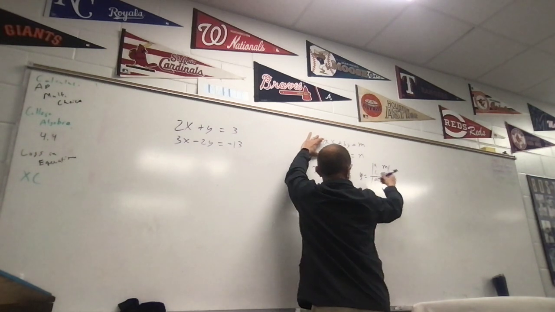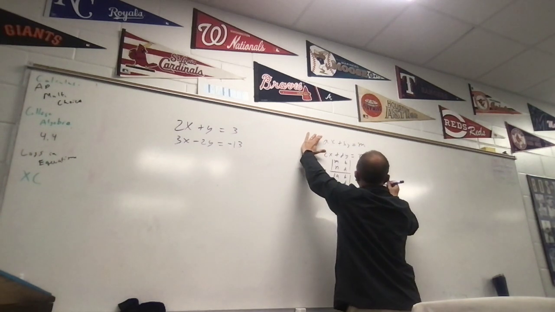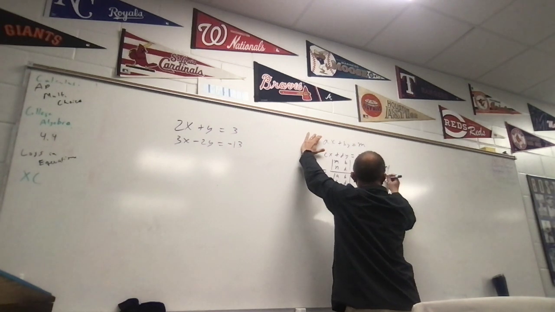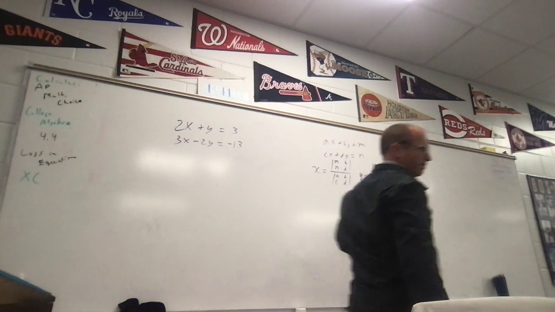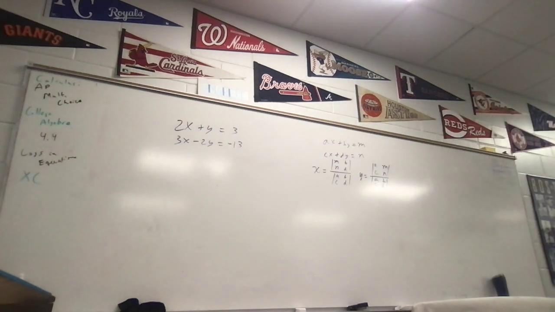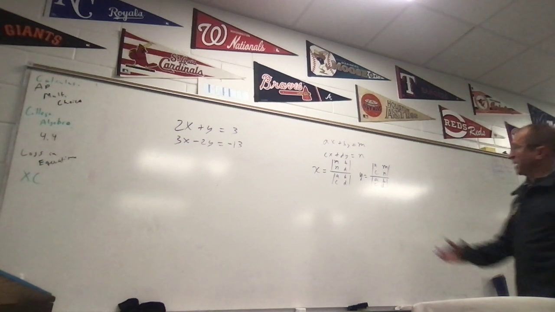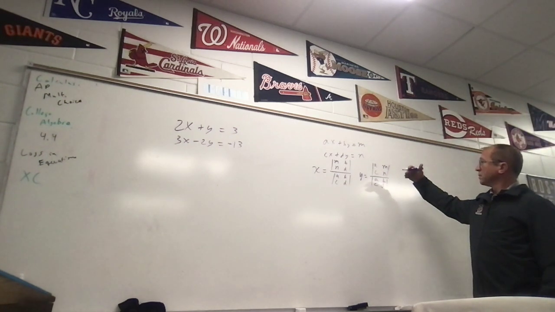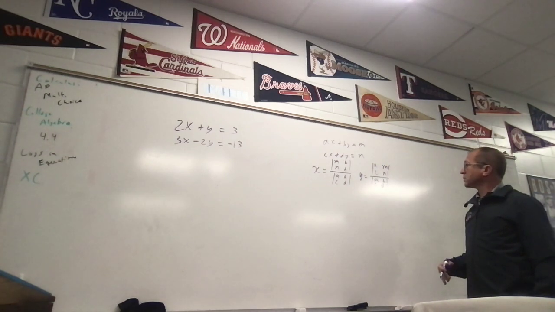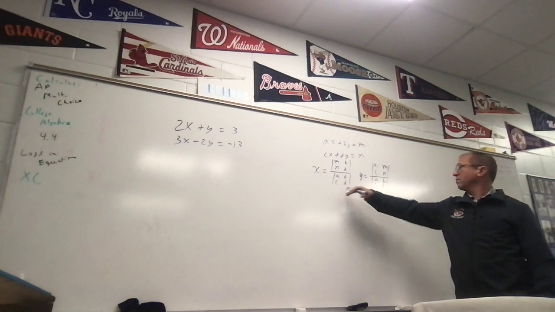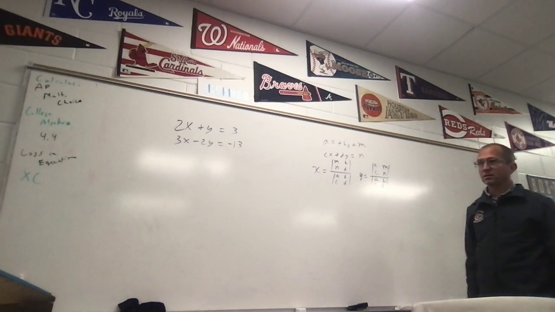Of course, when I say my x's and my y's, I'm talking about the coefficients that go with them. So it's my column of answers with my column of y's, my column of x's with my column of answers, column of x's, column of y's.